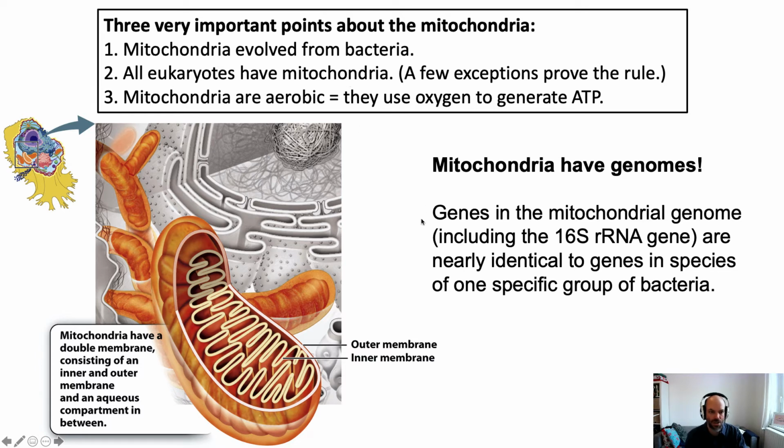Then finally, mitochondria are aerobic. They use oxygen and they make ATP. So the oxygen that we breathe in our own cells, that oxygen is respired not so much directly by our own cells exactly, but the oxygen that is respired in our cells is specifically respired by the mitochondria.